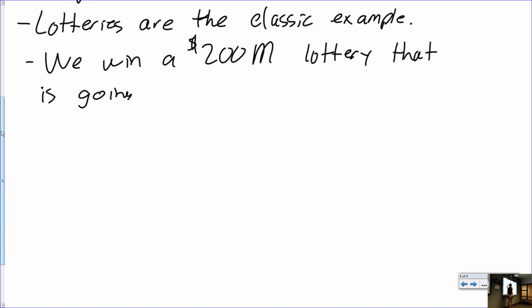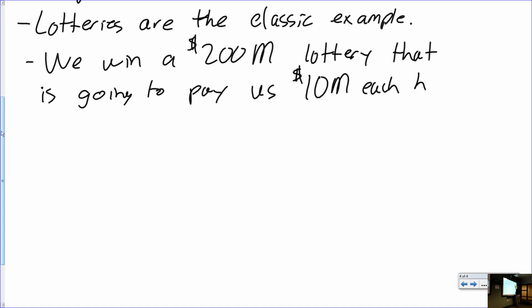That is going to pay us, and this is the way the lotteries are sold to you folks, right? When they tell you it's a $1.2 billion lottery or a $200 million lottery, that's the payout that you get if you take the annuity spread over a long period of time, okay? So if we win a $200 million lottery, let's suppose it's going to pay us $10 million each half year for 10 years.